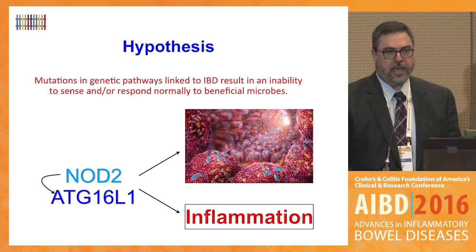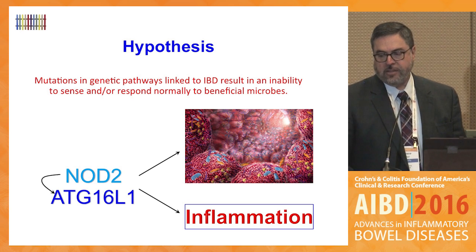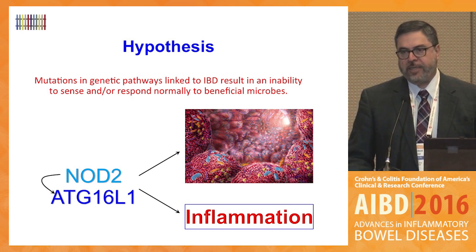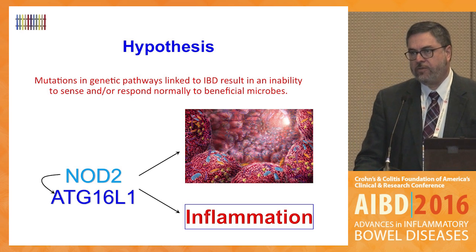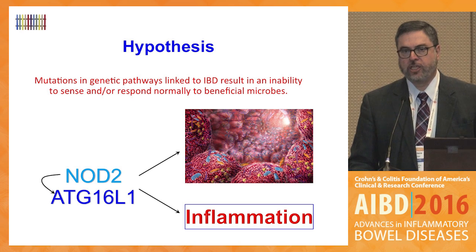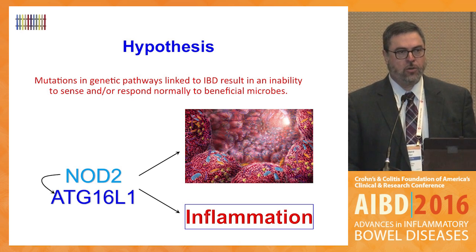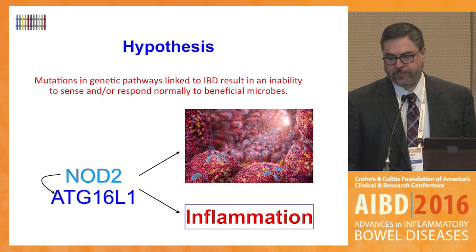So I think a good hypothesis to begin with in this talk is that in IBD, there is an alteration of how the intestine deals with the microbial challenge that it faces every day, and this results in an auto-inflammatory condition.